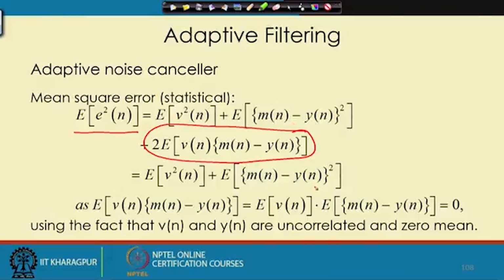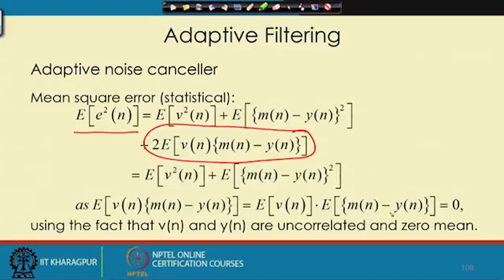Now, this cross term: v[n] is uncorrelated with m[n], and because y[n] is correlated with m[n], v[n] is also uncorrelated with y[n]. So, in this scenario, we can get that expression as the expectation of v[n] times the expectation of m[n] minus y[n].